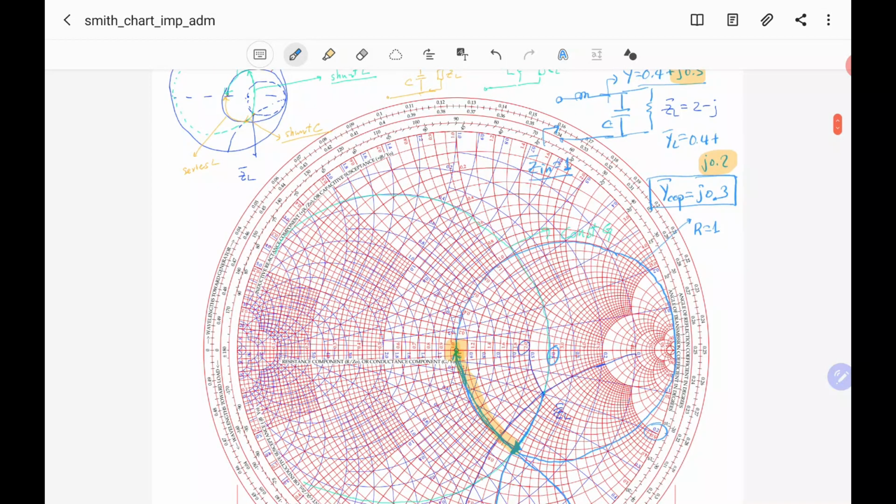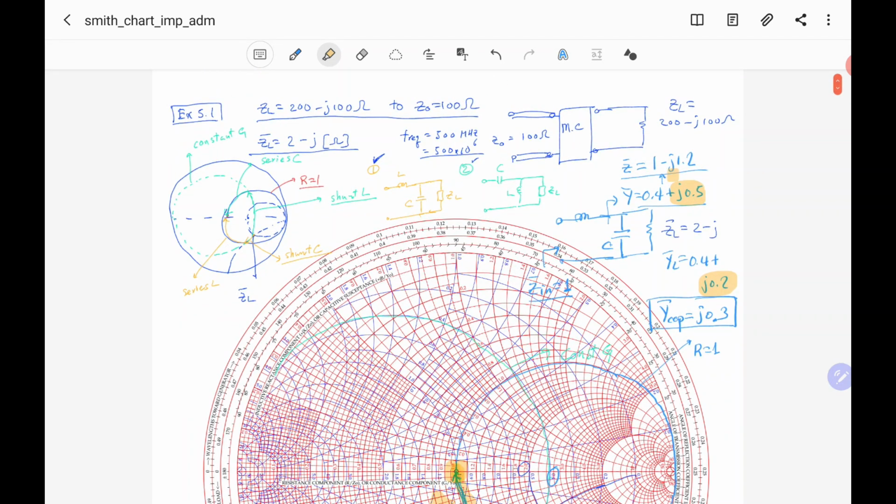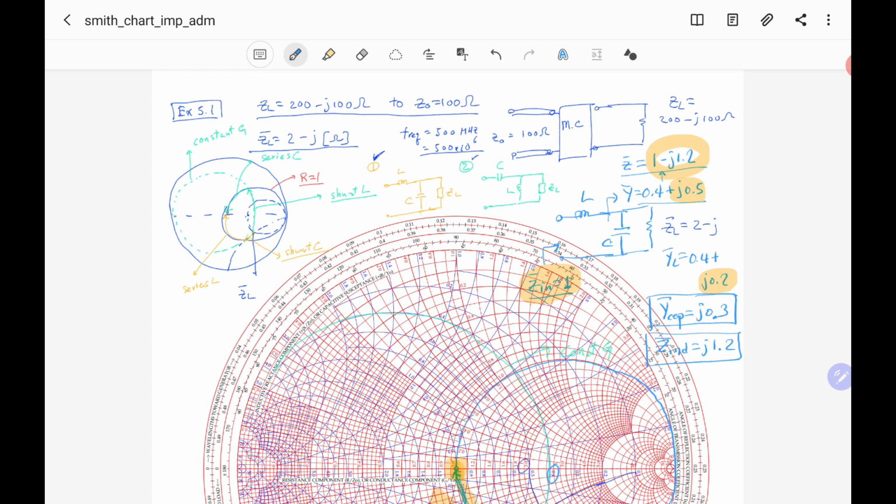So by moving from here to here, the inductance adds plus j1.2. Because L adds plus j1.2, that's why finally this becomes 1. So from here we get the values for Y cap and the inductance.